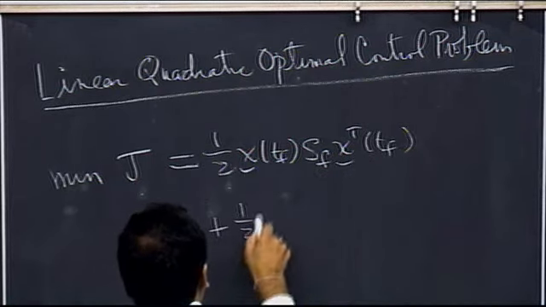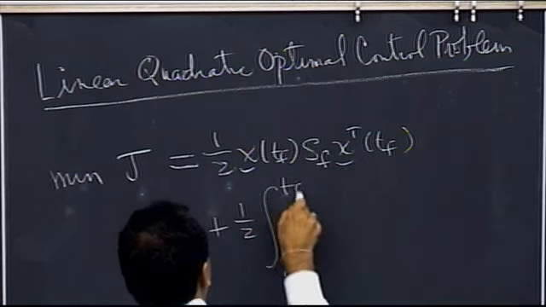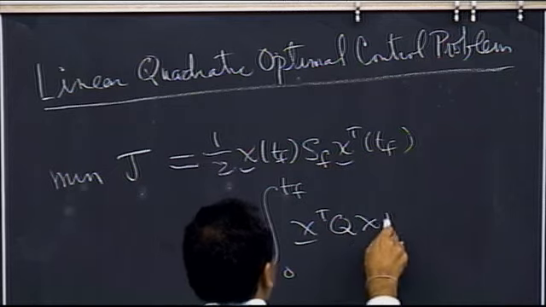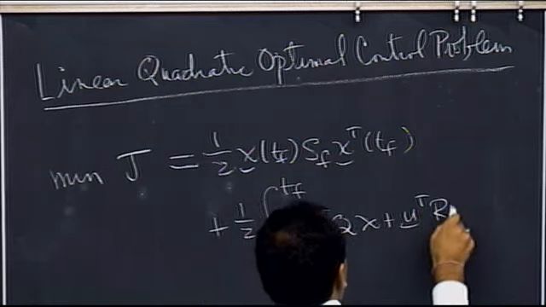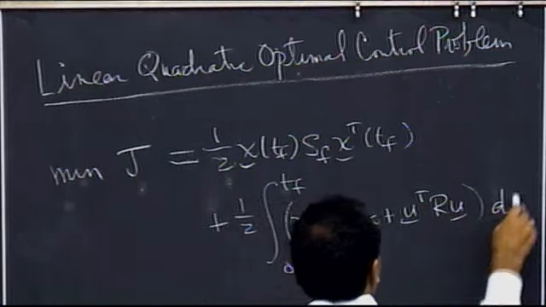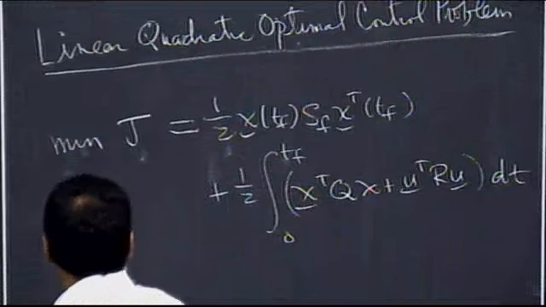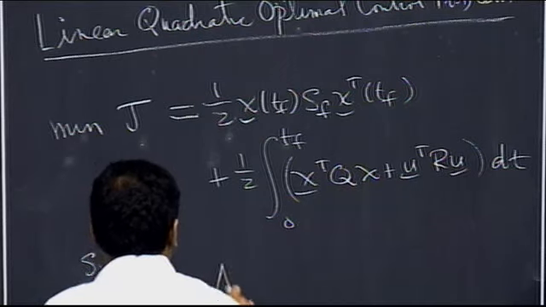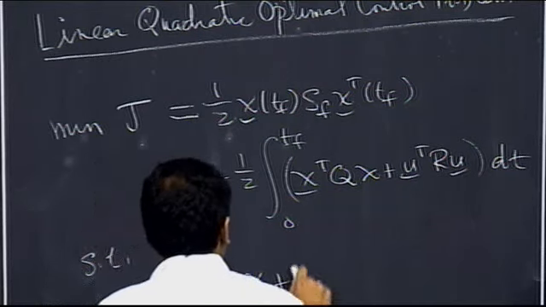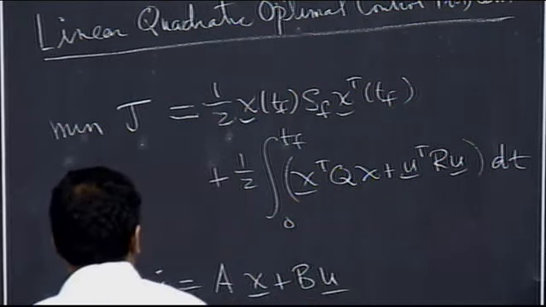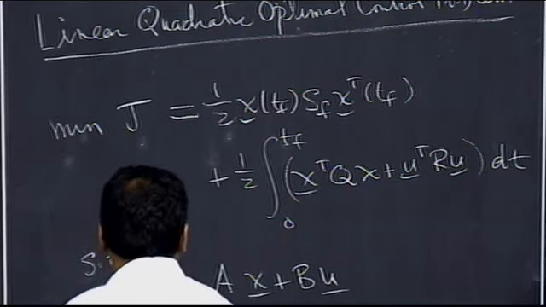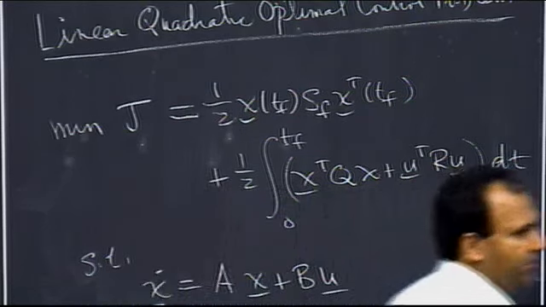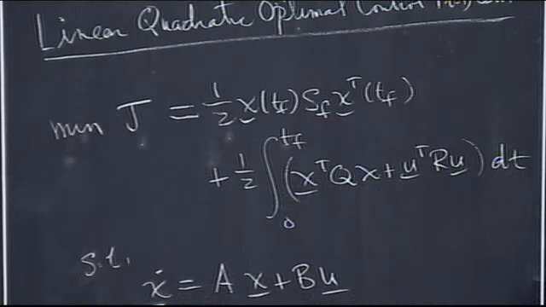Plus 1/2 the integral from 0 to tf of x transpose Q x plus u transpose R u dt, subject to the constraint x dot equals Ax plus Bu, and the initial condition x(0) is equal to x0. Okay, there's no constraint on the final state.